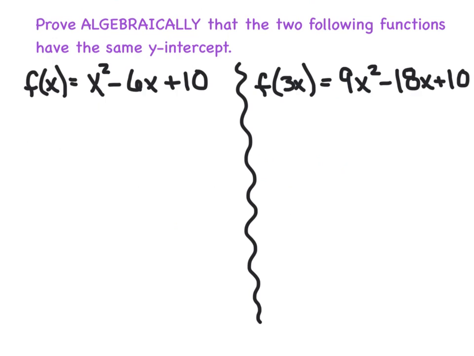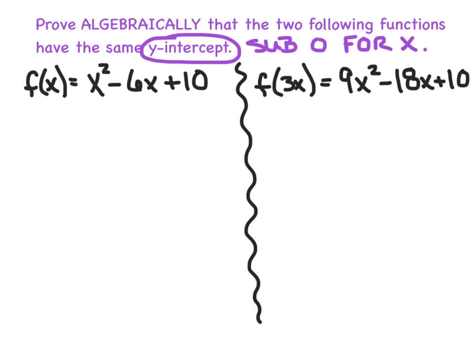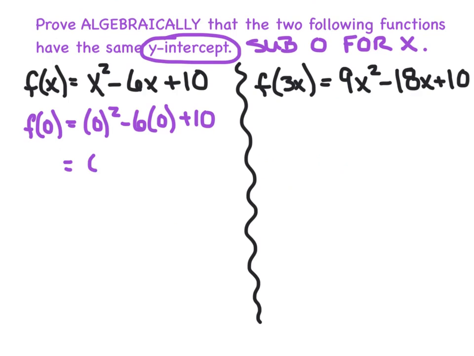Now recall from earlier discussions that for a y-intercept, we're going to substitute a 0 for the x values, each one. And so on this first example, we'll say f of 0 equals 0 squared minus 6 times 0 plus 10. And that turns out to be 0 minus 0 plus 10. So this function has a y-intercept of 10.